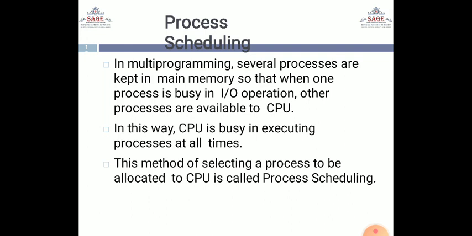In this way, the CPU is busy executing processes at all times. This method of selecting a process to allocate the CPU is called process scheduling. So we have a number of processes in our main queue. Which is the high priority process, and which is the low priority process? All these processes should be selected and given the CPU, and this is called process scheduling.